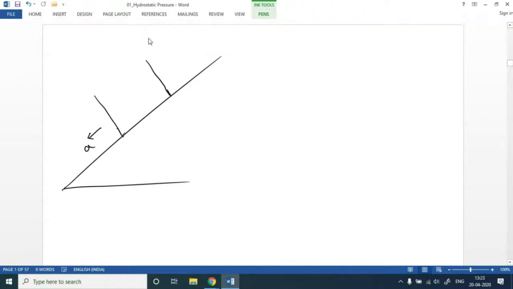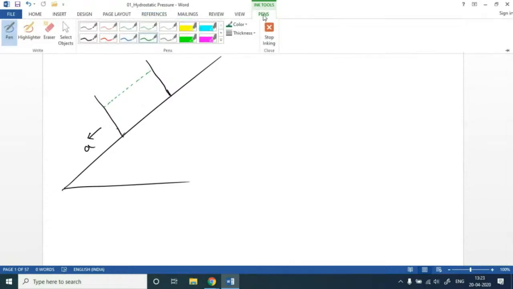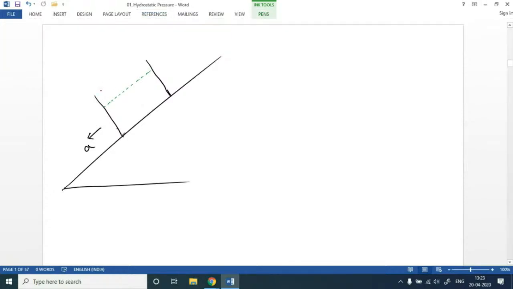I want to draw some reference line. Let's say this is the reference line, which is along the incline, and let me draw another reference line. Let's say this reference line I have drawn is along the horizontal.